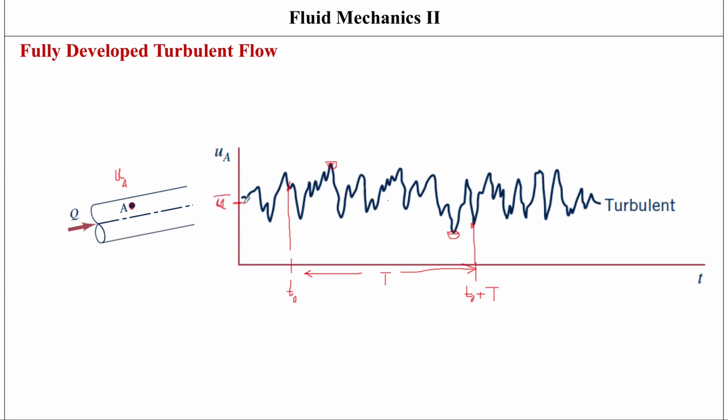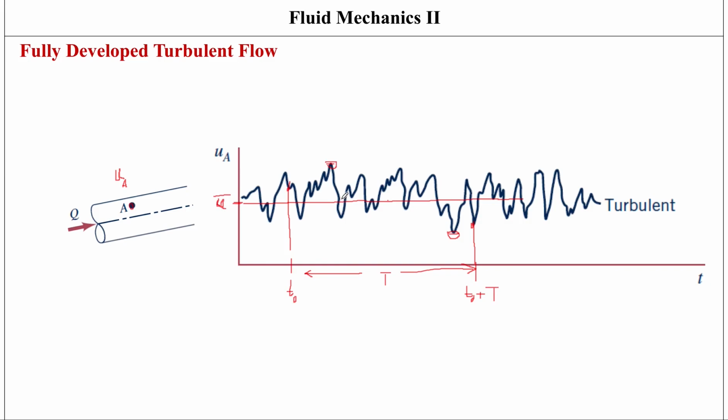I can draw or represent this average velocity as a constant, right? Because the average doesn't change; it's the mean value. It's the time averaged value, the mean of all of these values.